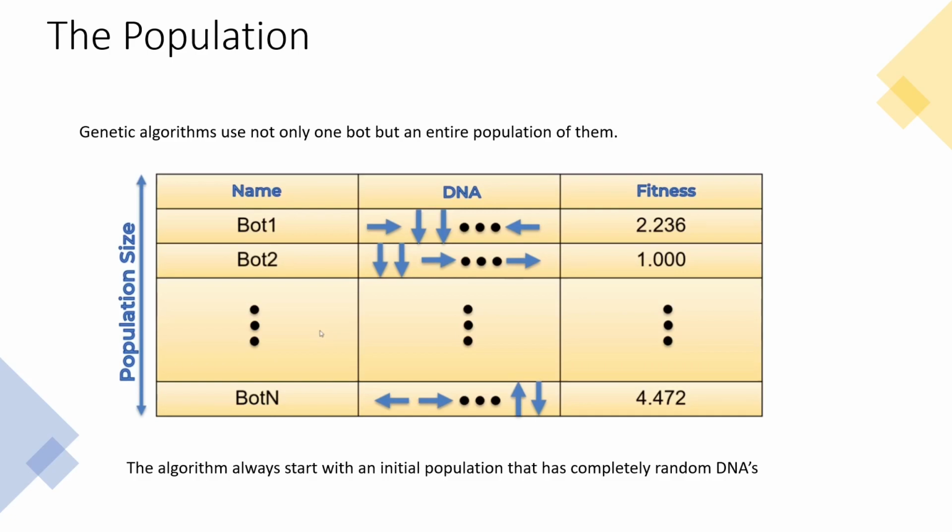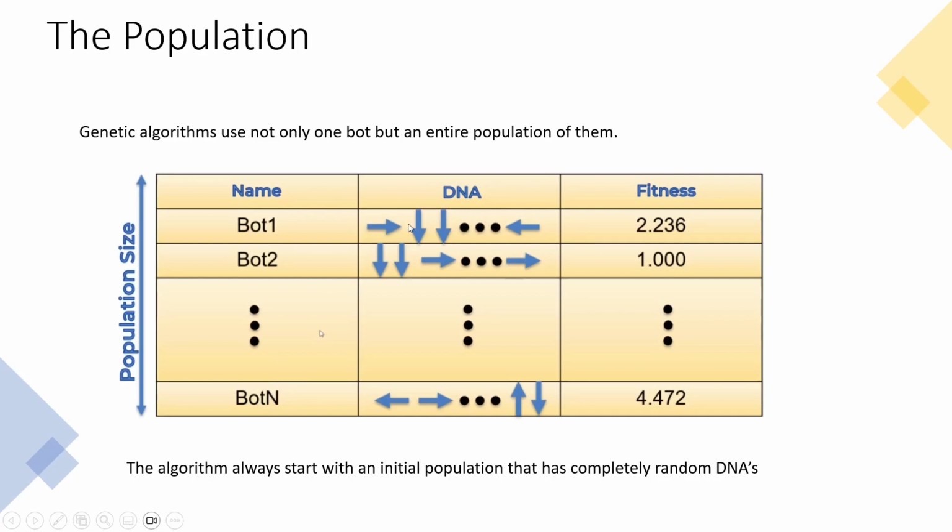We will have a lot of iterations with the genetic algorithms, but in each iteration, you don't use just a single bot. You use a lot of bots, and the combination of these bots is called the population.